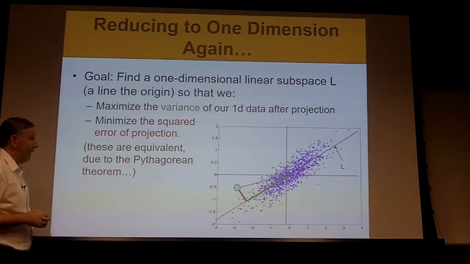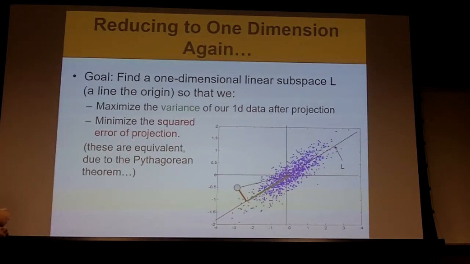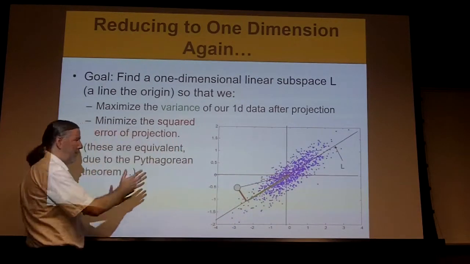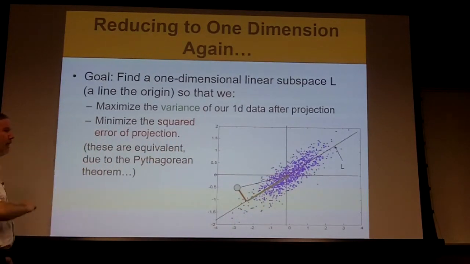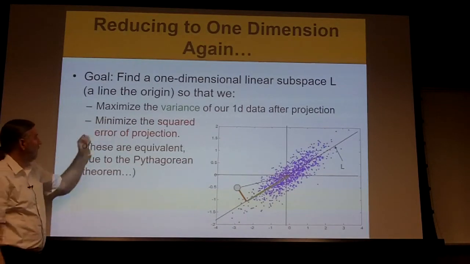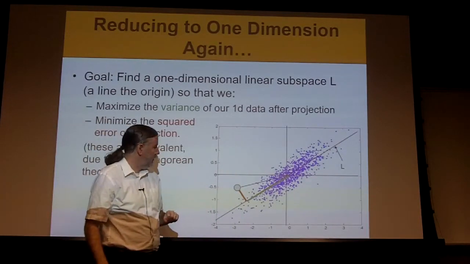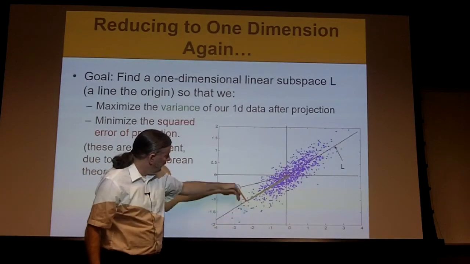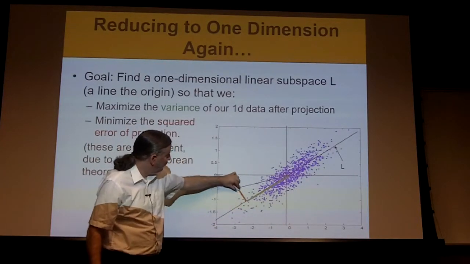I want to maximize that. I want to capture as much variation in the data as possible. So find me the axis, the line that captures the main component of directionality in my data set. I can also talk about minimizing the error of the projection. So if I project onto this subspace, then I look at the orthogonal amount that this point projects.